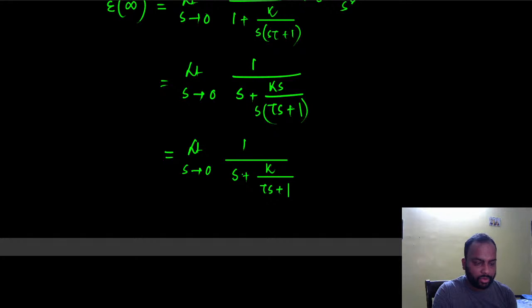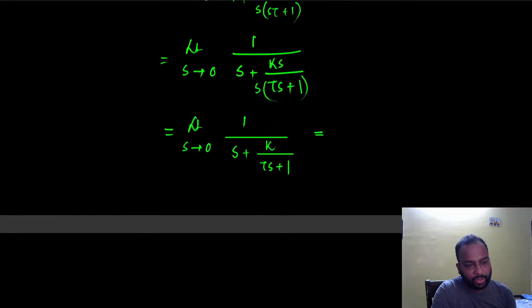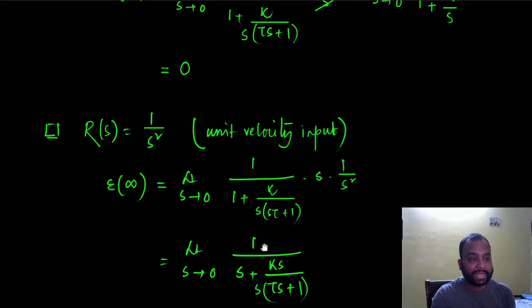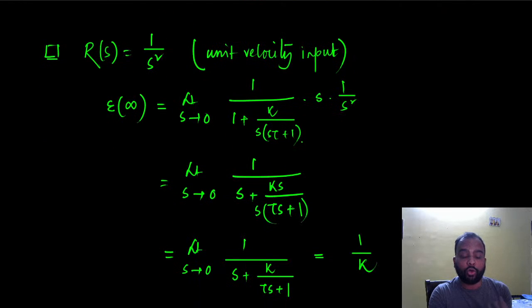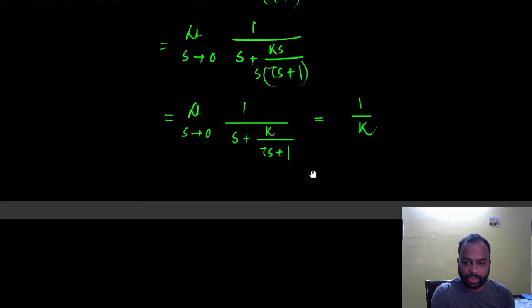Now if I do the calculation here, I can put s equal to 0 here, and I can also put s equal to 0 here. Eventually this limit becomes 1 by K. I put s equal to 0 everywhere, and I can do that because it does not result in an indeterminate form. Now I can see that it can follow the unit velocity input, but with a fixed error.